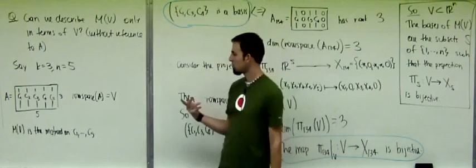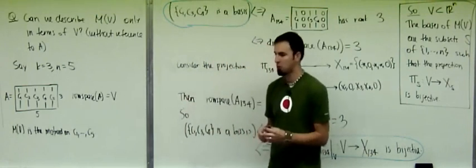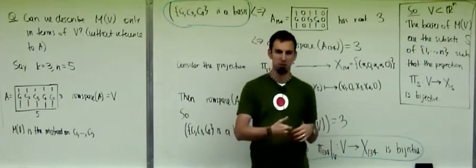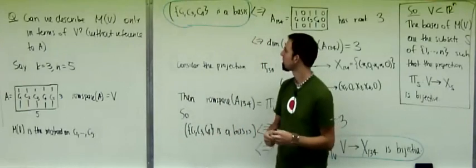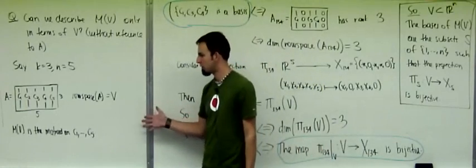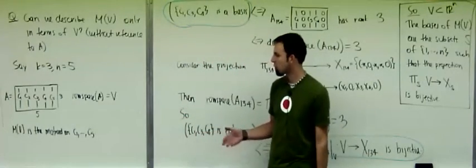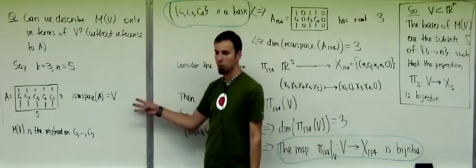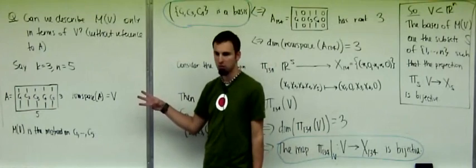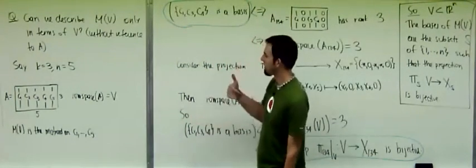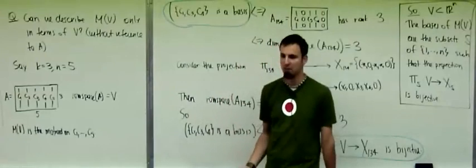So the question is, when you want to define the matroid, you have to either decide when a set is independent, or it's equivalent to decide when a set is dependent. So if I want to define this matroid M of V, all I have to define are the bases. In other words, I have to decide which triples of columns are independent. For example, is 1, 3, 4 a basis?